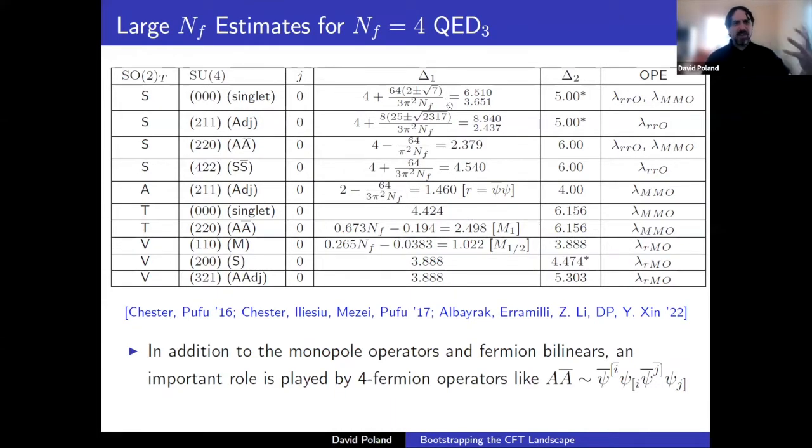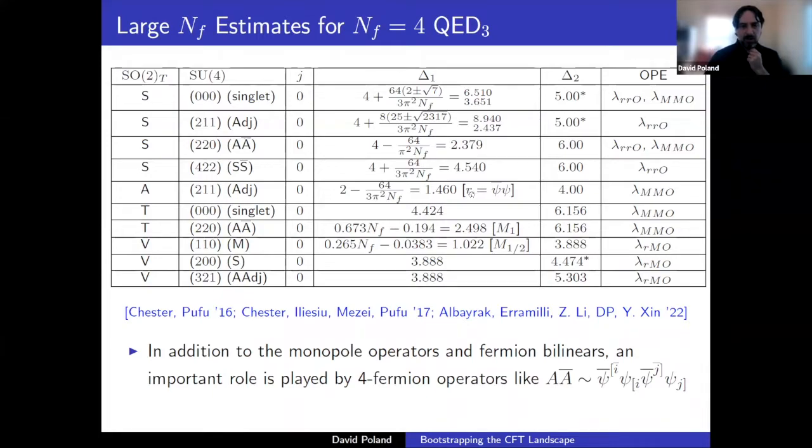Here in this table, I'm showing some of the leading operators in the large n limit. There's the leading singlet operator, which has a scaling dimension around 3.6 if you plug in numbers. There's a leading fermion bilinear, adjoint psi bar psi.